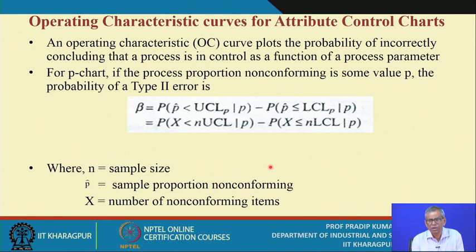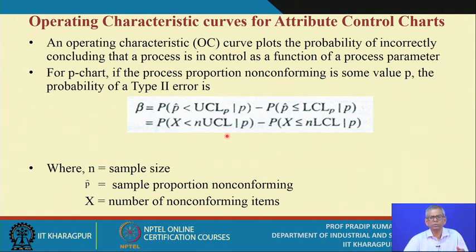Okay. Now here, just briefly, I will explain how to construct the operating characteristic curves, or the OC curves, as a performance measure for an attribute control chart. So how do you do it? Essentially, as I have already explained, OC curves in control charting mean a plot of beta versus the process parameters. Suppose it's a P control chart, obviously the process parameter is P. So you need to consider several values of P, and for each value of P you need to compute beta.